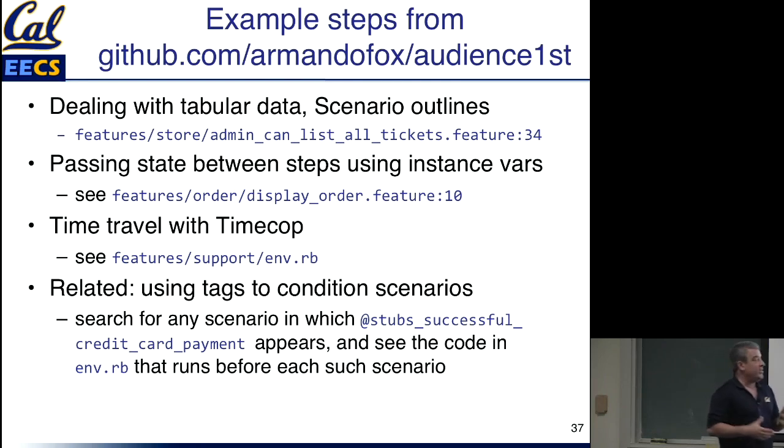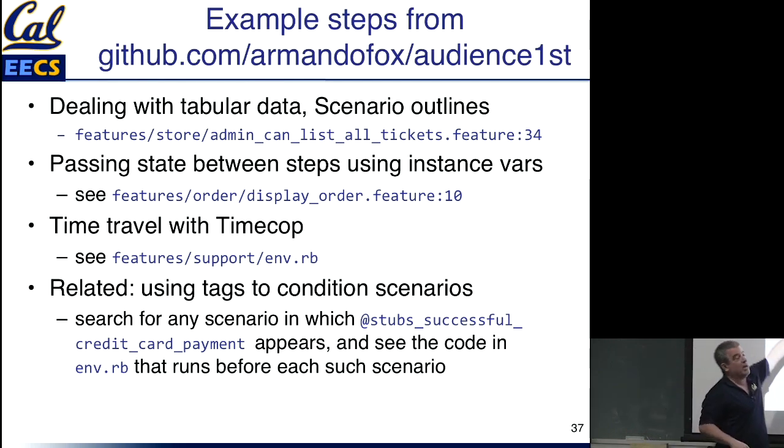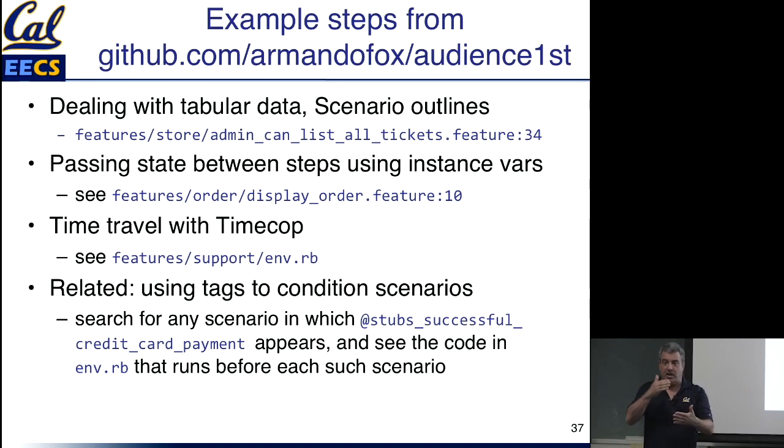The ones that depend on the date have a tag, and related to that tag is a little piece of code in the env.rb file of Cucumber that says, when a scenario that has this tag is run, do these steps first. In this case, the steps use TimeCop to set a date that is always the same for every scenario in which time matters.